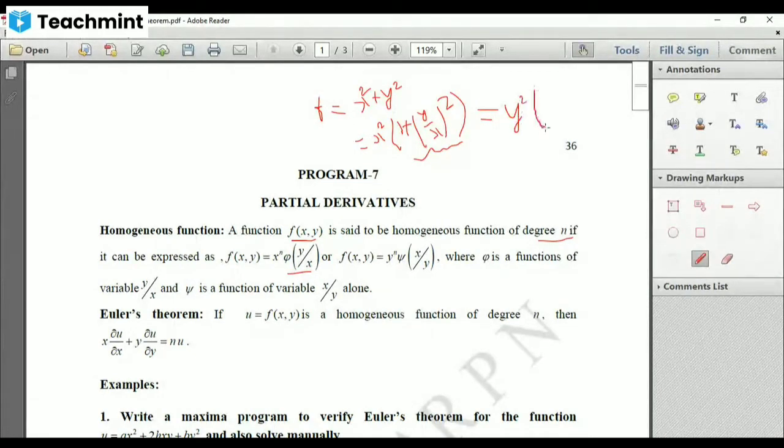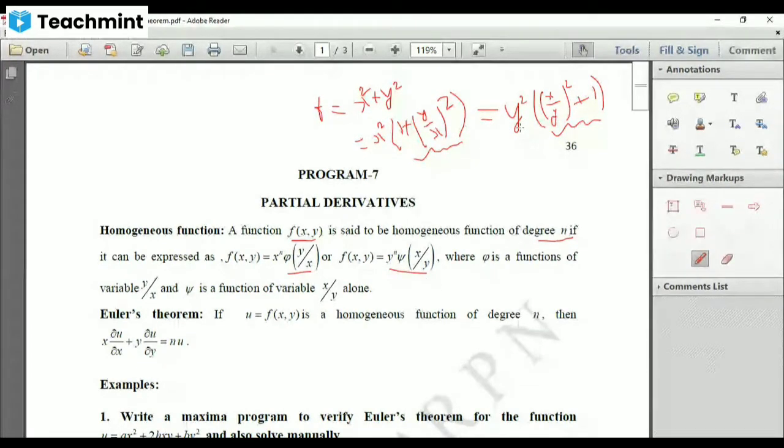If we take out y square outside, then x square divided by y square can be written as x by y whole square, plus y square by y square is 1. Now see, we have completely taken out y outside, and this is a function with variable x by y. Right?